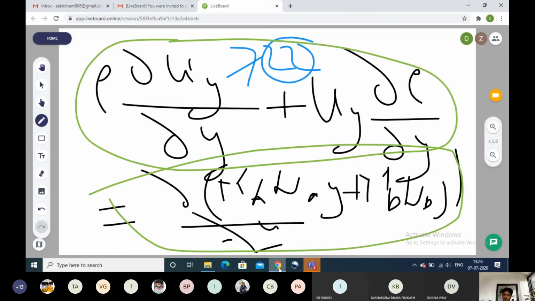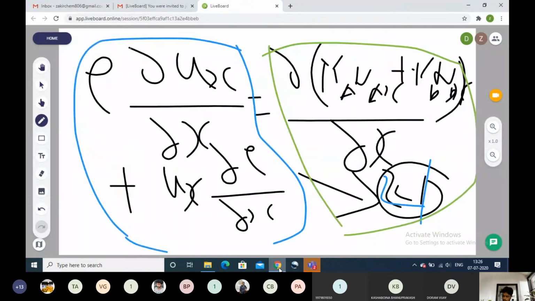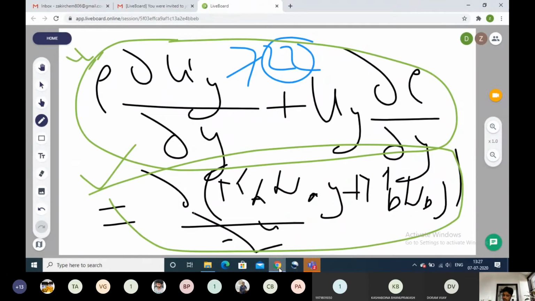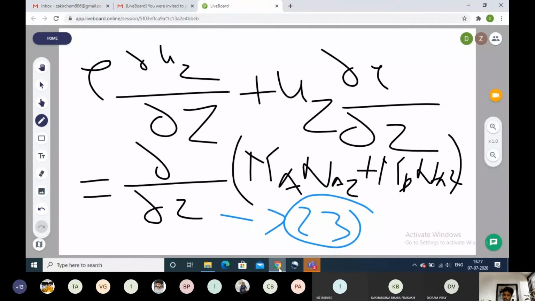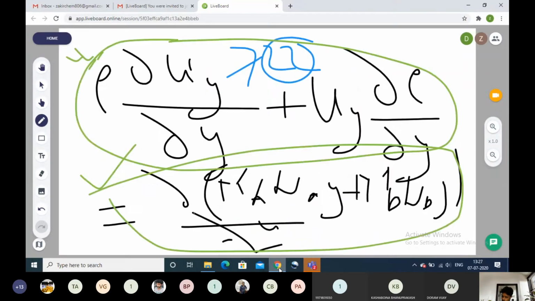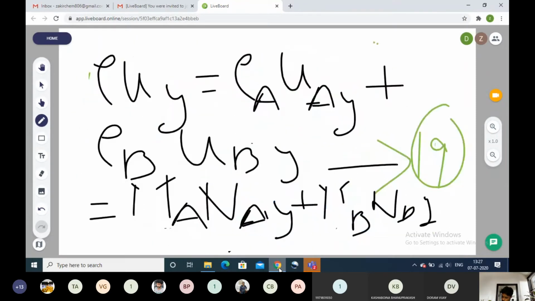velocities. Now instead of using dou ma nay plus dou mb nby divided by dou y, we just replace the term with this equation's LHS term. In 21 we will replace this term with this term, in 22 we will replace with this term, and in 23 we will replace with this term, and all this needs to be substituted in the already derived equation, which is equation 16, I guess.